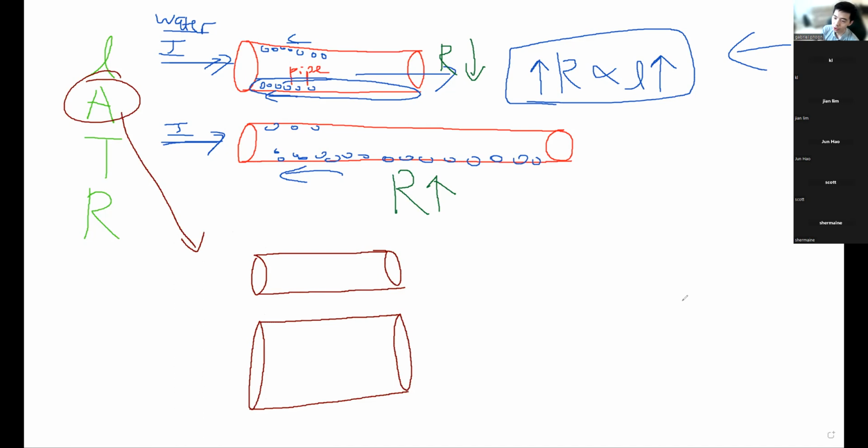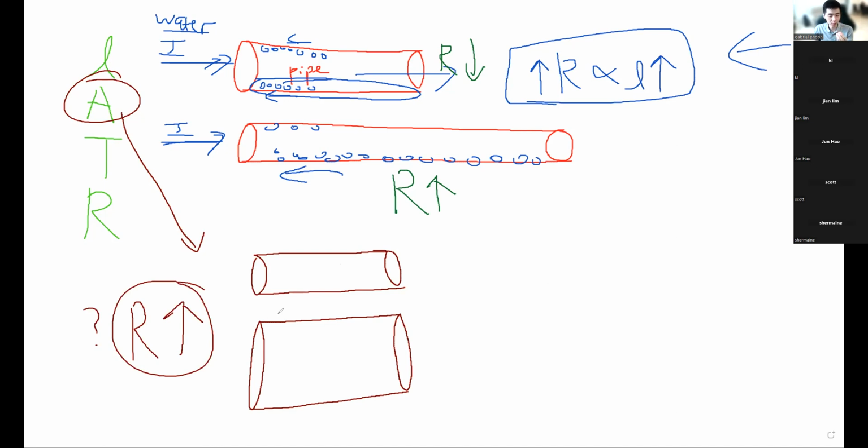Now, Charmaine, if you were to take a wild guess, which one do you think has a higher resistance? The smaller one. Good, excellent.